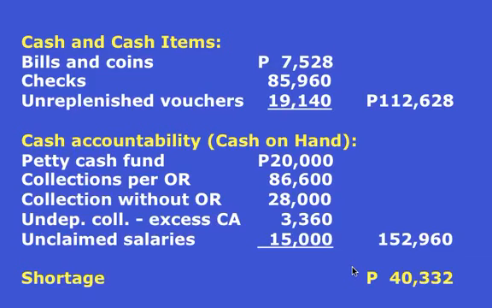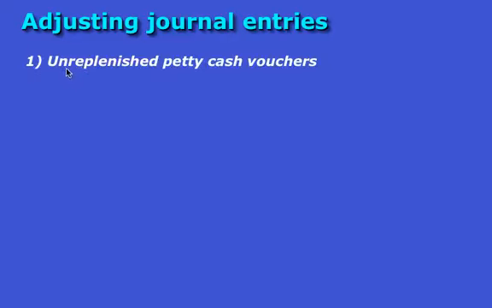Okay? Now, adjusting entries. So, gawa natin ang entries. Unahin natin yung sa petty cash. This one. Di ba year-end na, hindi na replenish? So, gawa natin to ng entry. Okay. Adjusting entries. First, unreplenished petty cash vouchers. So, refer to the details of the vouchers.